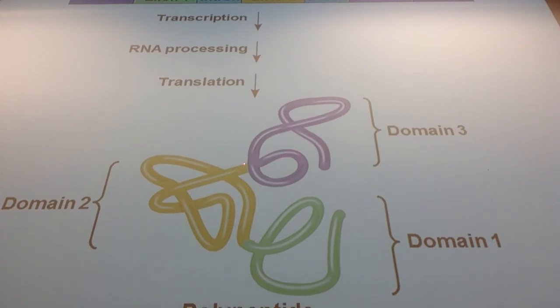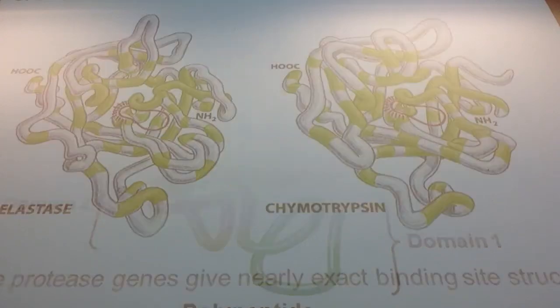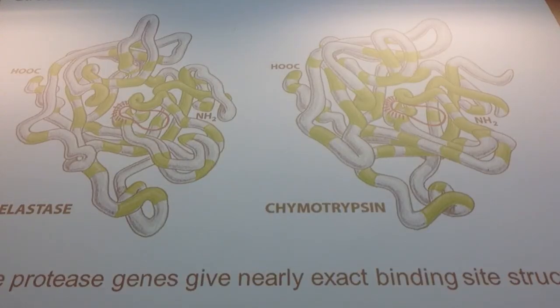That means that maybe this enzyme normally would be specific for a certain substrate, now it's general. That is a rough example of what alternative RNA splicing might be able to do for a protein.